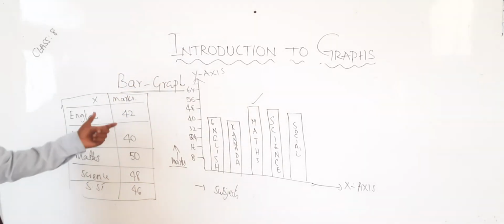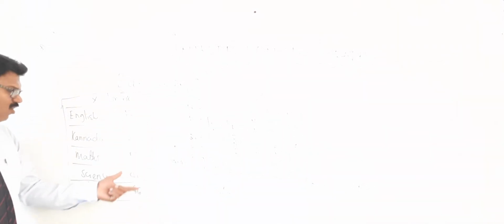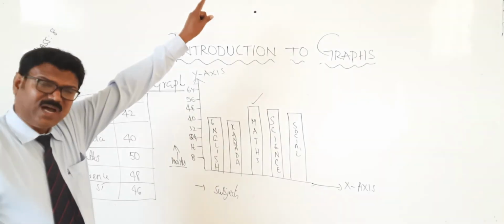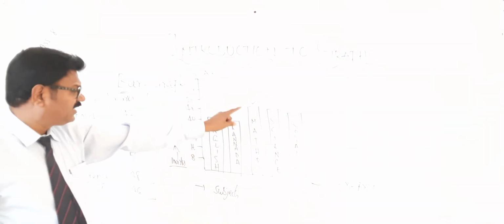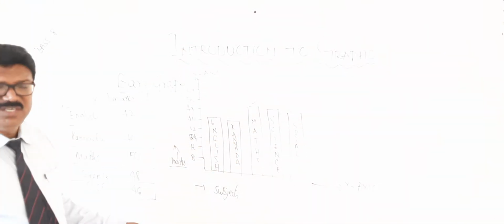But otherwise, if you want to say anything, you have to go through all the data given. Here, no need of seeing everything. Only the highest one, that is, whose length is more. That subject is the maximum scored by that person. Understood? So this is about the bar graph.